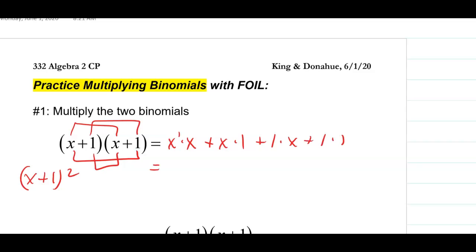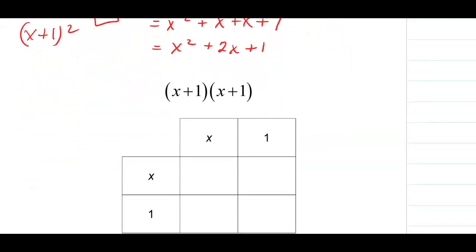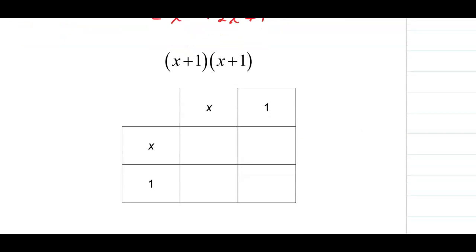Simplify. x squared plus x plus x plus 1. This is x squared. x plus x is 2x plus 1. We can break it up into x and the 1 and the x and the 1 as before with this grid.